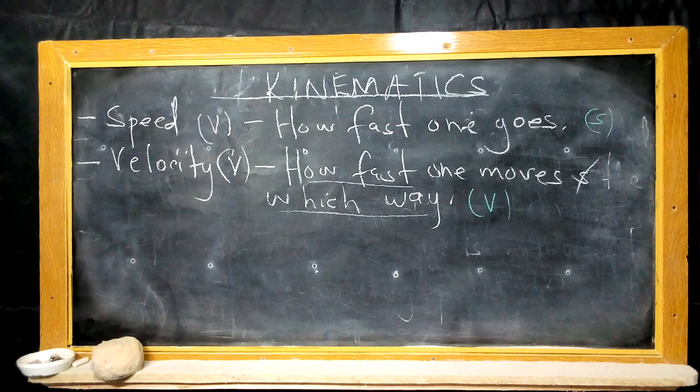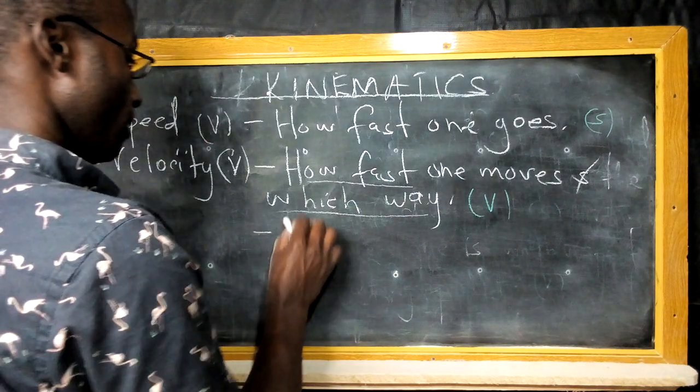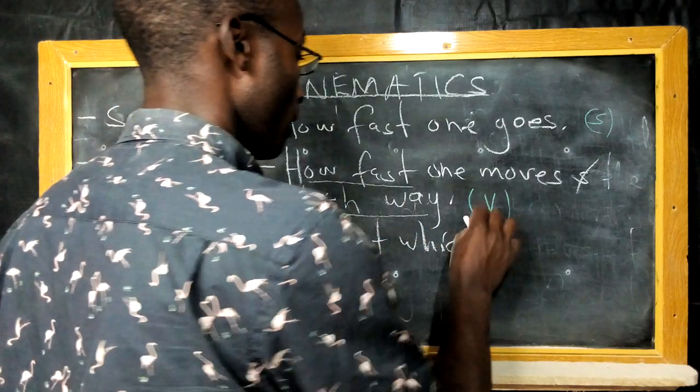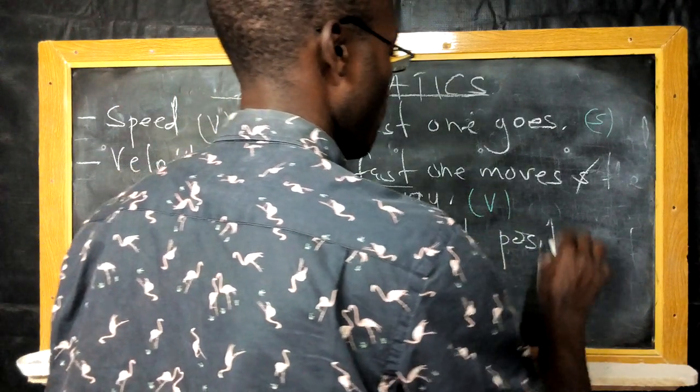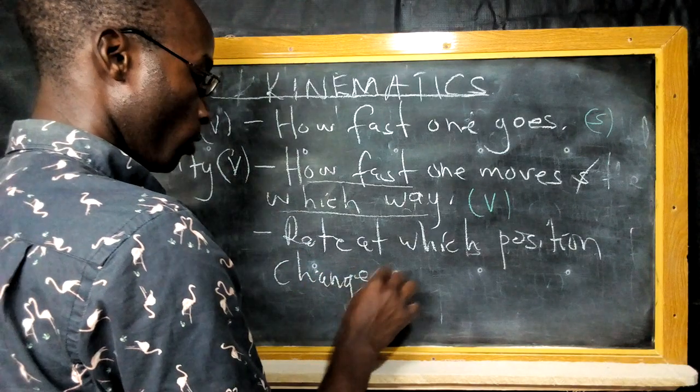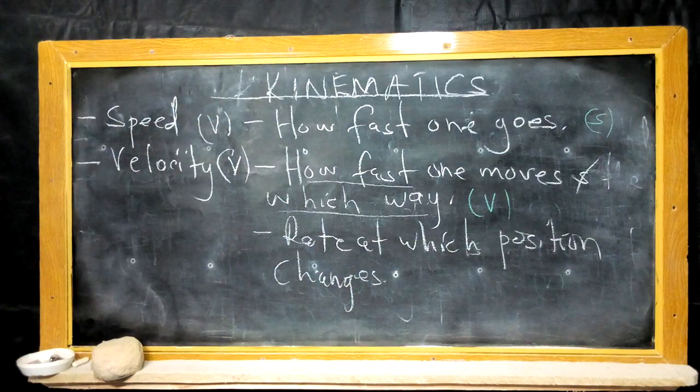Velocity, as we have said, is the rate at which position changes. As a second definition, you can say that it's the rate at which position changes. And when we are talking about the term rate, we introduce an aspect of time.